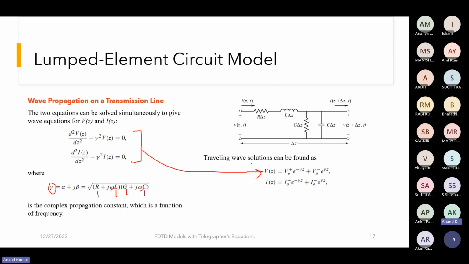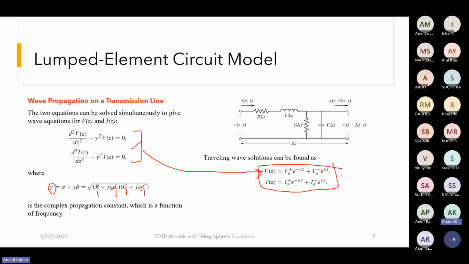Okay. So the traveling wave solutions. This is exactly a math problem, so maybe you can refer to a math textbook for how we come from here to here. But this is how we get the solution to these two equations.